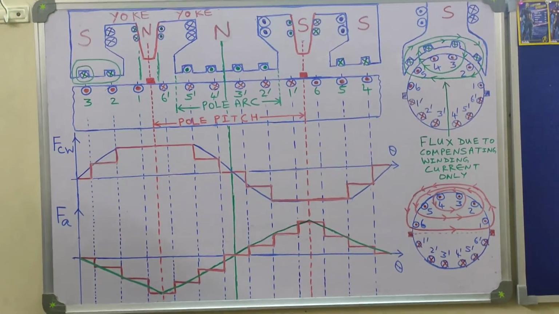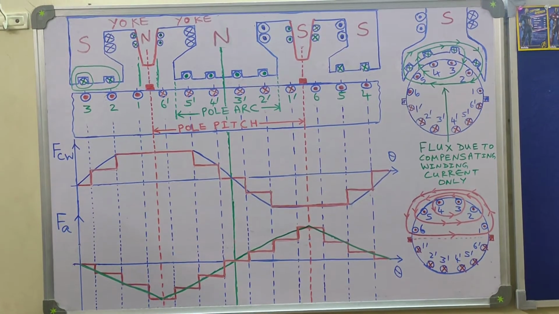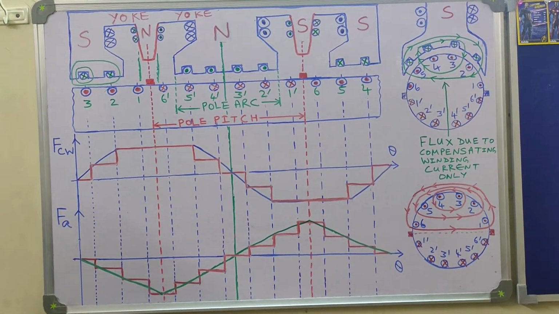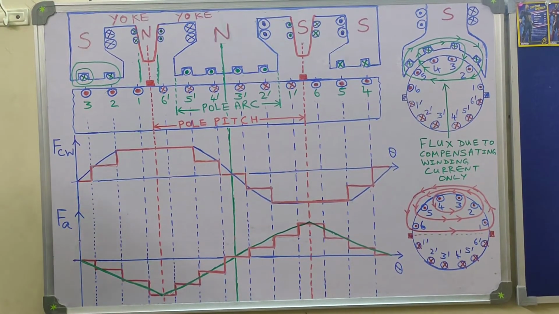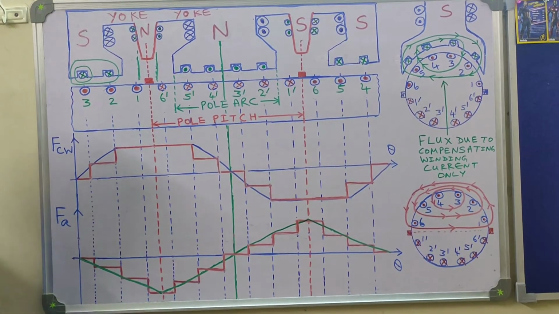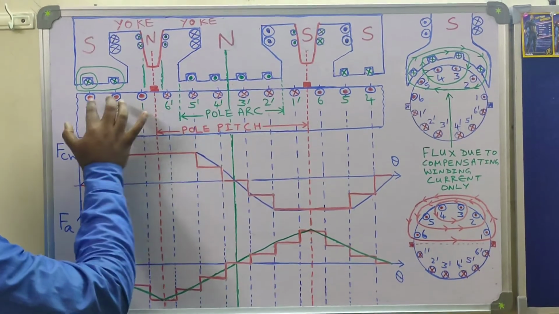However, one point has to be kept in mind, that is, the compensating windings are going to cancel or neutralize the armature MMF only under the pole faces, not elsewhere.